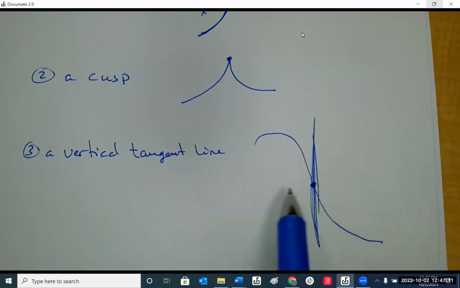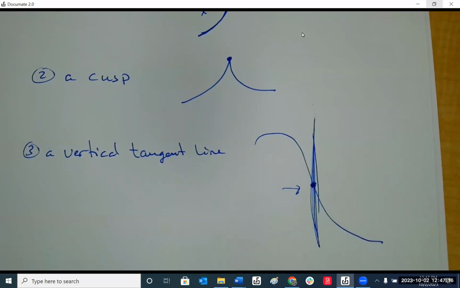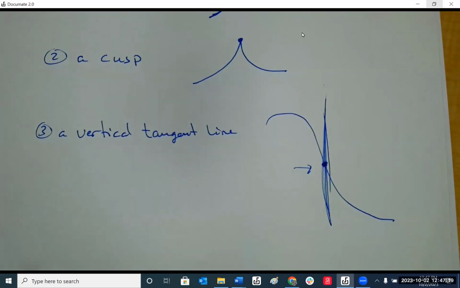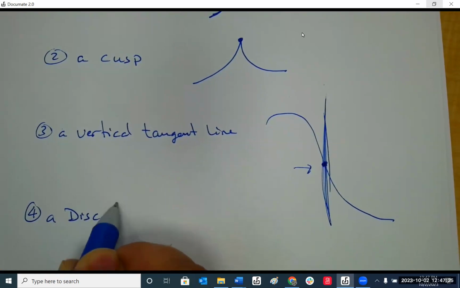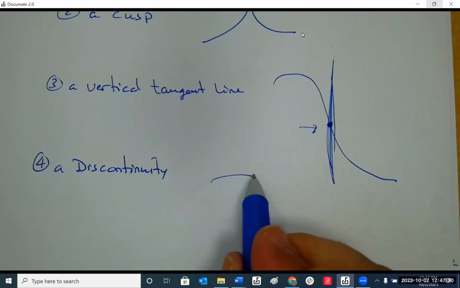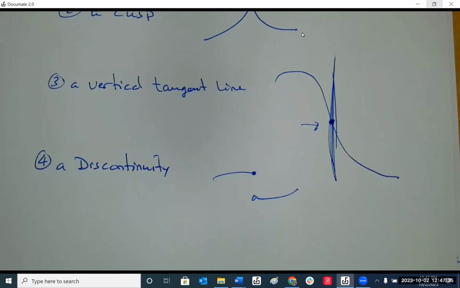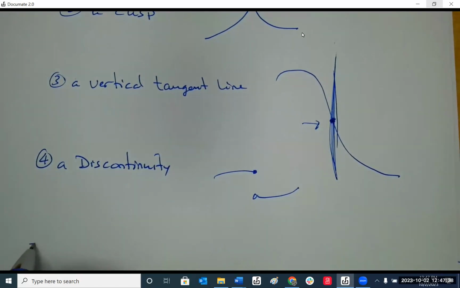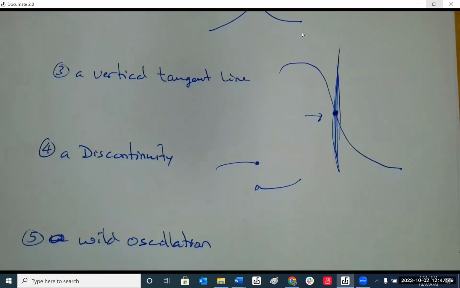And later on in this course, we're going to give that point a name. A discontinuity. And a wild oscillation.